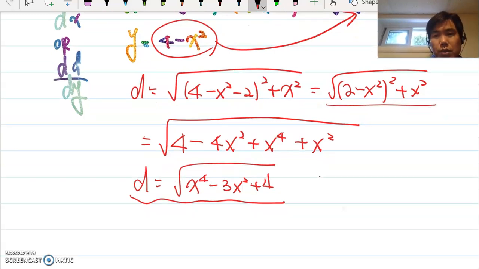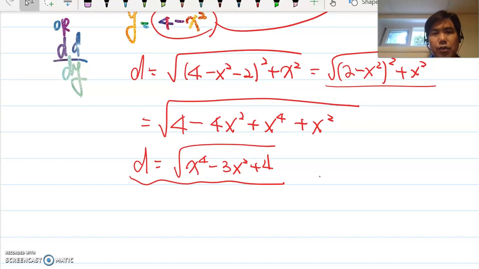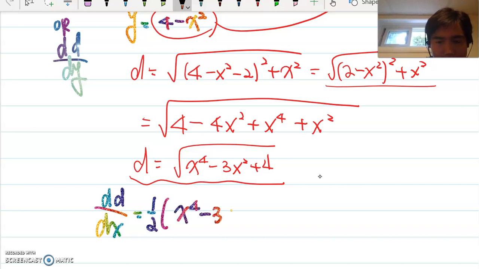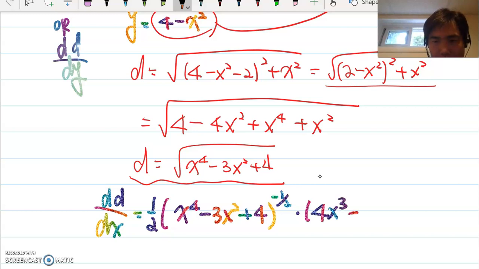Okay, what's the next step? Just finding the derivative. So d over dx becomes 1 over 2 times x fourth minus 3x squared plus 4 to the negative 1 over 2 power, multiplied by 4x cubed minus 6x.